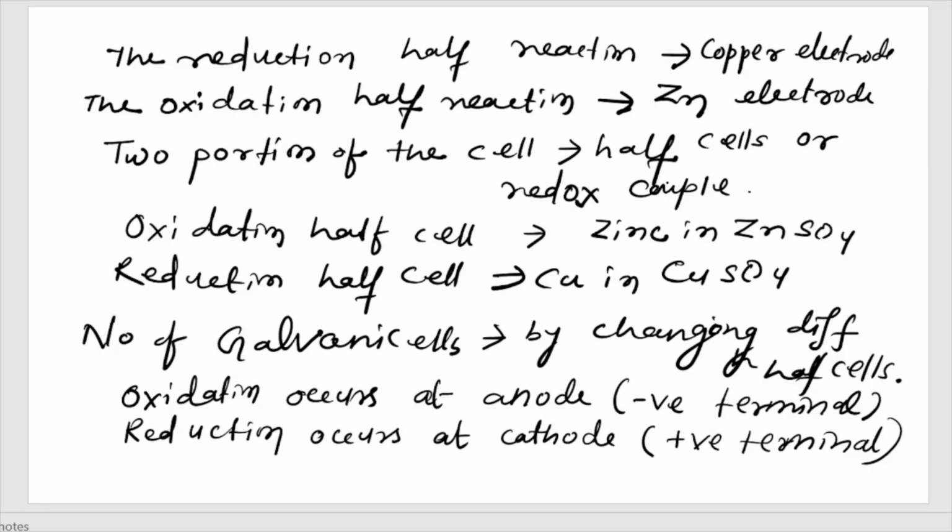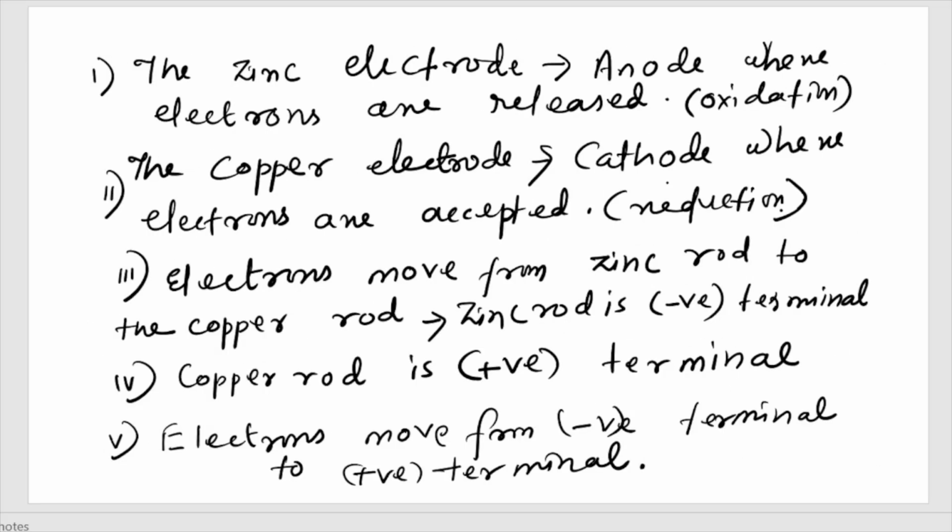I think it is clear how many galvanic cells you can prepare, any as your choice, by changing the different half cells. The zinc electrode, the copper electrode. What is the meaning of the zinc electrode and the copper electrode? The zinc electrode is the anode where electrons are released.